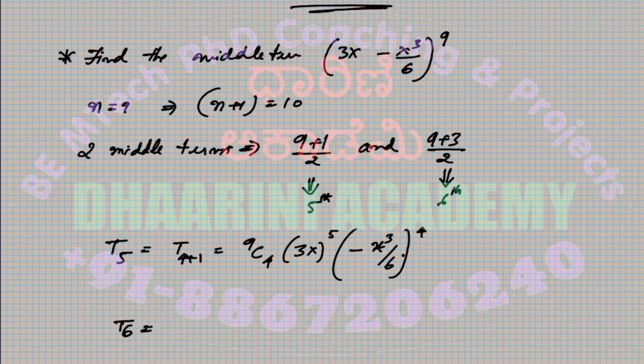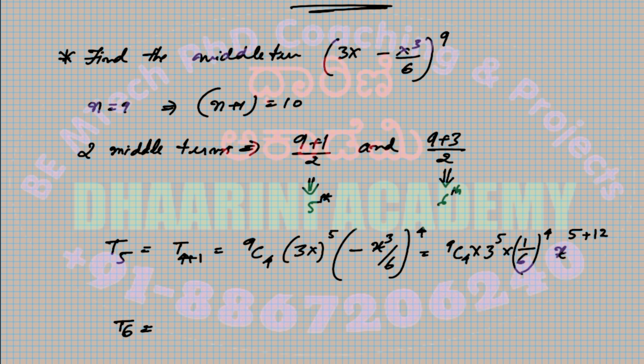Minus to the power 4 is plus 1, so the negative sign cancels out here. So the coefficient is 9C4 into 3^5 into 1/6^4. Let's write the x value: x to the power 5 plus 3 into 4, that is 17.